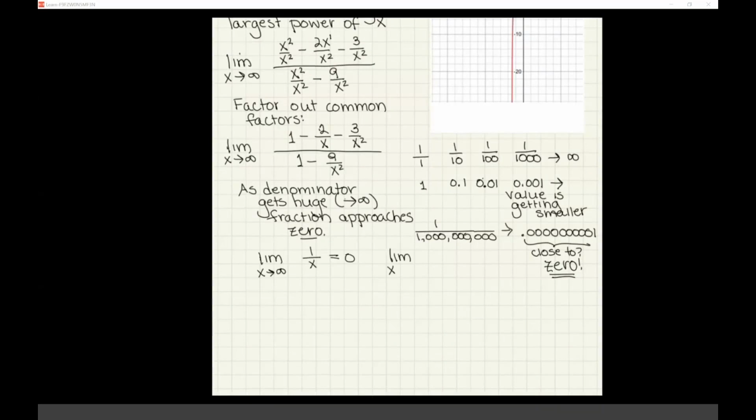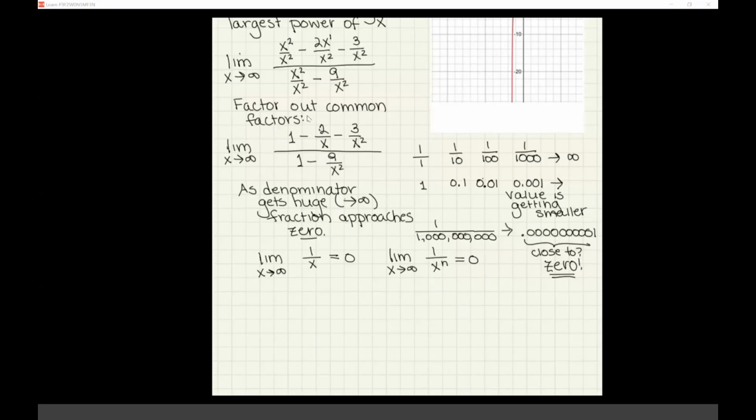The limit as x approaches infinity of 1 over x to any power approaches 0. Because it just gets there faster, right? If I square a really huge number, I'm going to get to 0 faster. And again, I'm approaching it. I'll never equal it, but I'm going to get as close to it as you want me to. You want 100 zeros after the decimal point? I can get there.